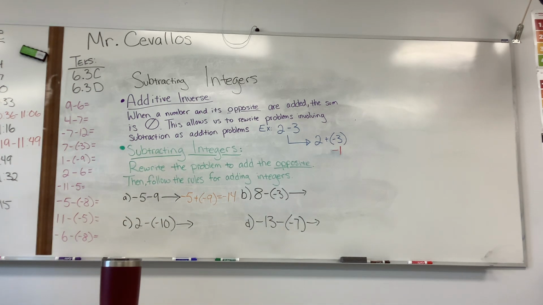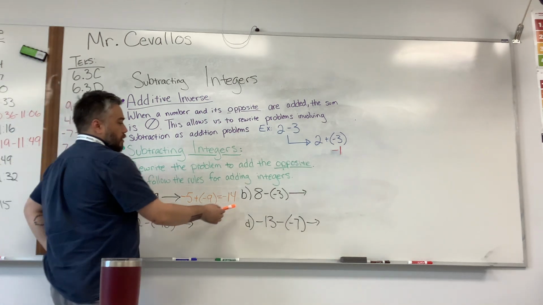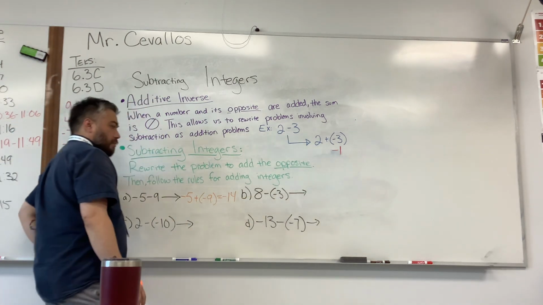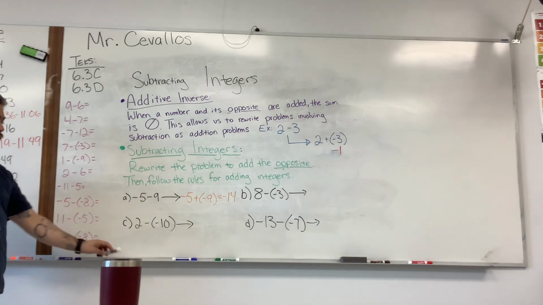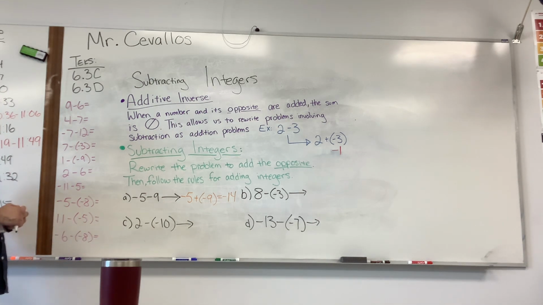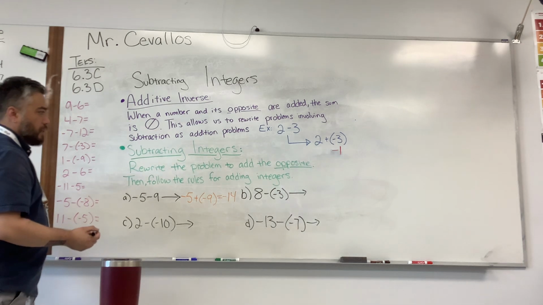When we get to problems like B, this is where we change it. We have 8 minus negative 3. Well, we can't do that. So we're going to rewrite the problem to add the opposite.